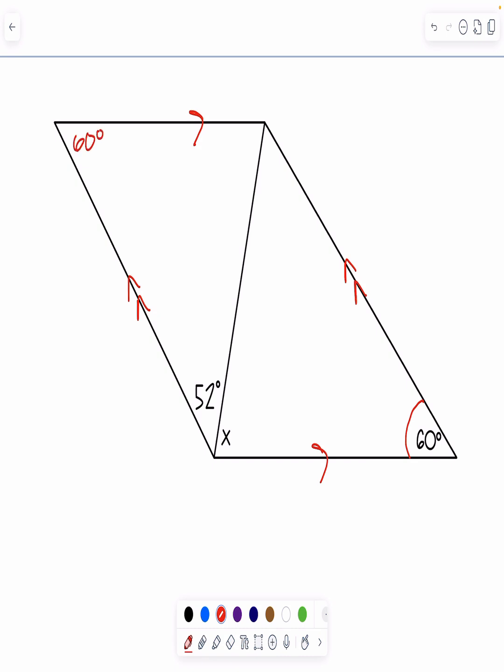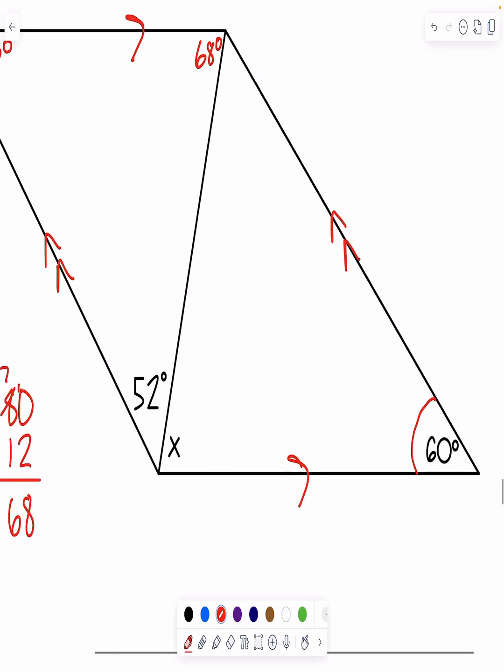And if that is 60 degrees, all angles in a triangle add up to 180 degrees. So I can add 60 plus 52, which gives me 112, and I can do 180 minus 112. And so this angle over here must be 68 degrees.